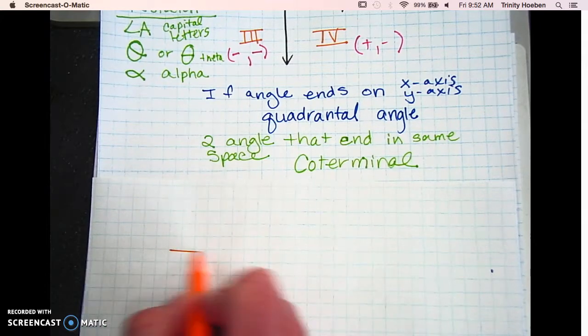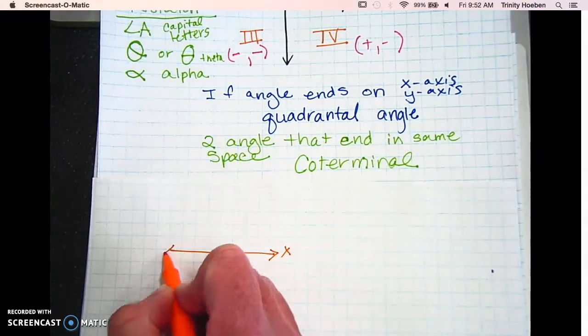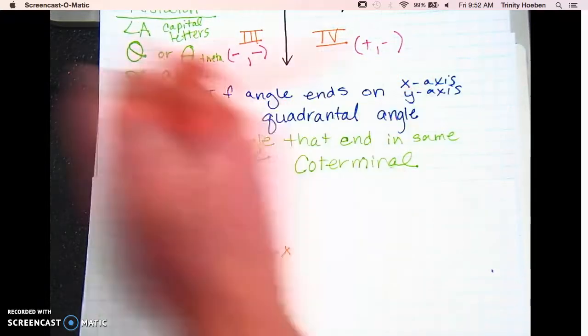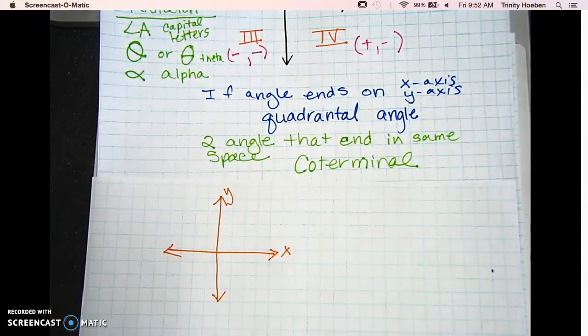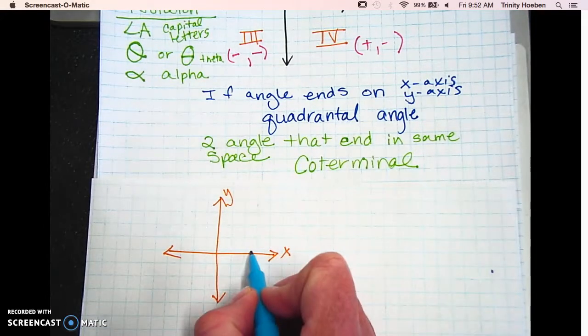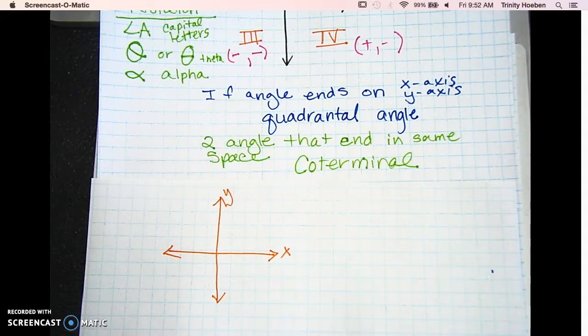Okay, so if you have an x and y axis, we're going to start with an angle that's 150 degrees. So if I say an angle is 150 degrees, which quadrant is that going to end up in?